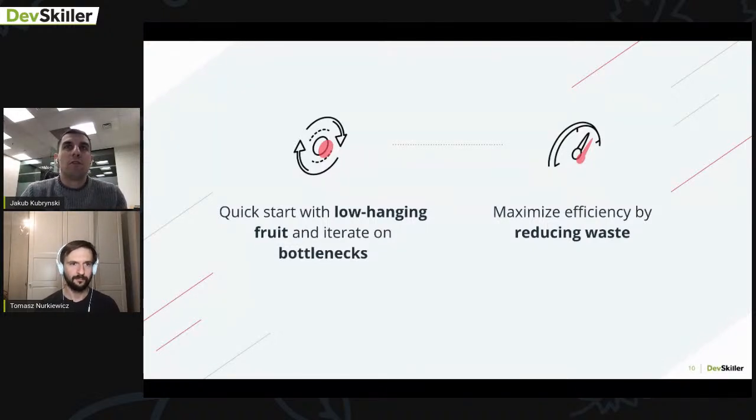Then we can focus also on reducing waste. So let's say that you have a recruitment funnel, and you have a problem that the process is too long to hire the best candidates that you are interviewing, and that's of course the problem.